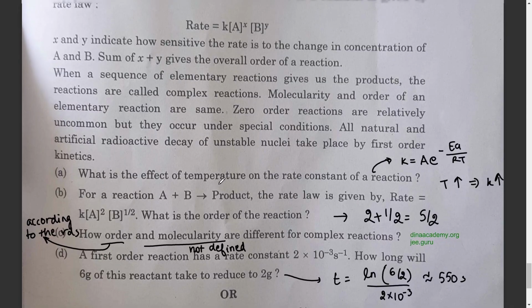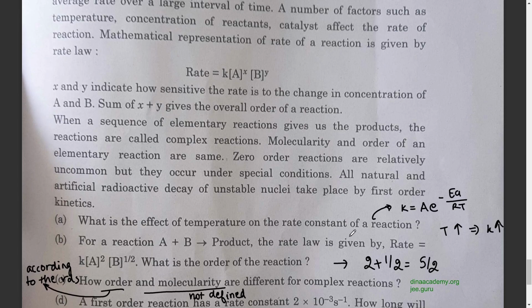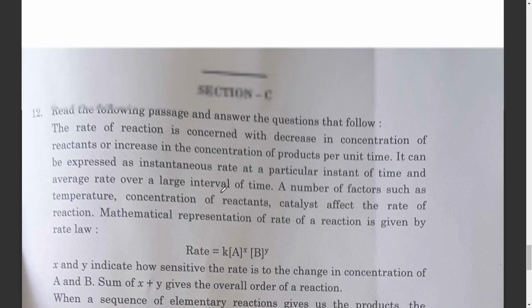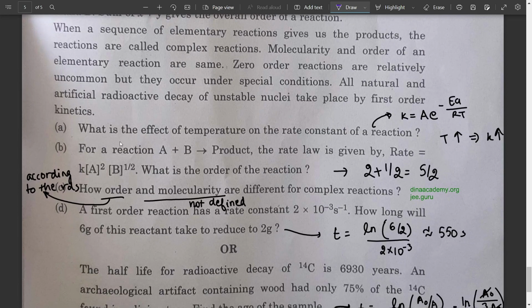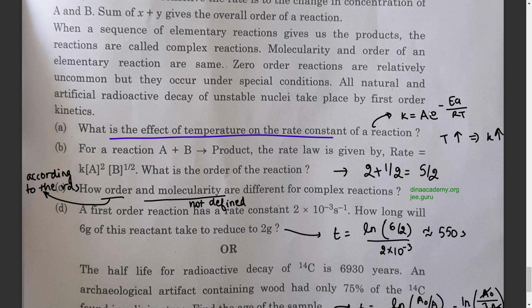All right, the last question. What is the effect of temperature on the rate constant of a reaction? We could have read this paragraph, but it doesn't seem necessary. Anyways, what is the effect of the temperature? Arrhenius equation, I think it was not in the curriculum this year, but anyways, this is something that most of the people would already know.